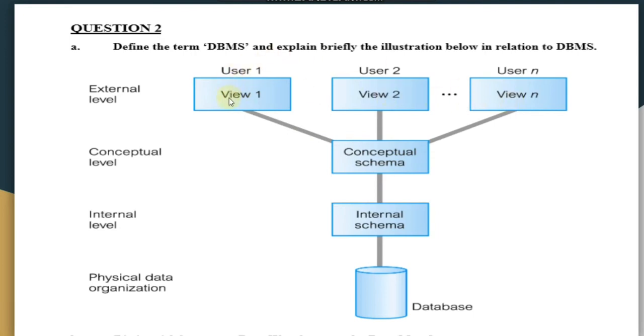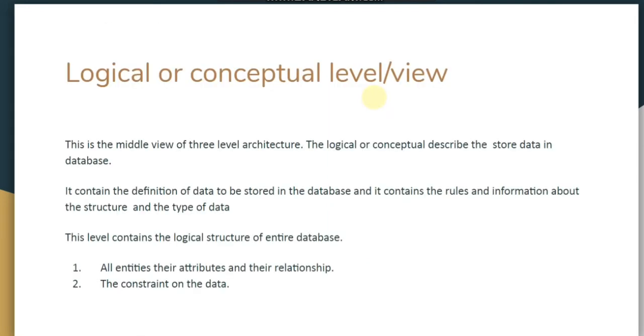For example, we provide user number 1 the date, month, and year of the date of birth, and we provide user number 2 a second view, which is just year, month, and day. That is why we provide different kinds of representation of the same data. Another architecture level is the logical or conceptual level.